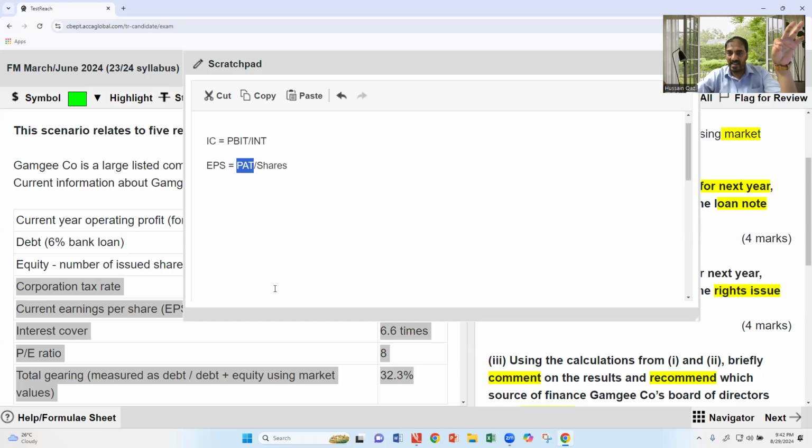The question gives the PBIT, which will increase by a certain amount, then interest, then tax, then profit after tax. So this is some type of projected income statement.